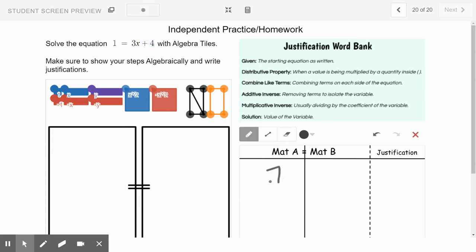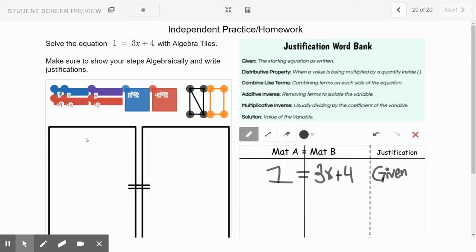So I'm just going to write 1, and you always want to write that equals 3x plus 4. Let me try to make that a little neater. That would be my given equation. I'm just going to write given.